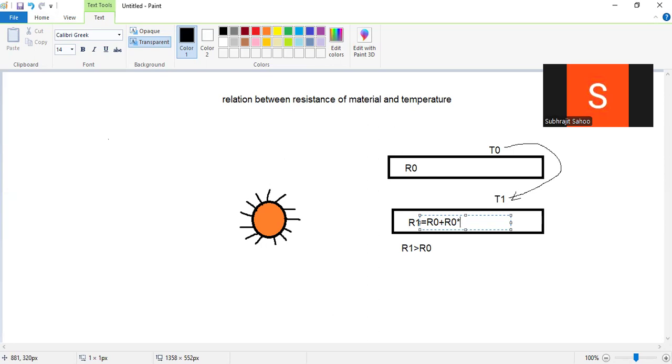So the alpha symbol is not there on the keyboard, so I'm writing alpha. Alpha into delta T. So delta T here is nothing but T1 minus T naught, right?